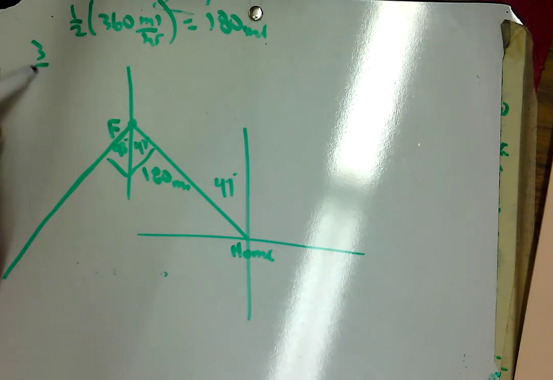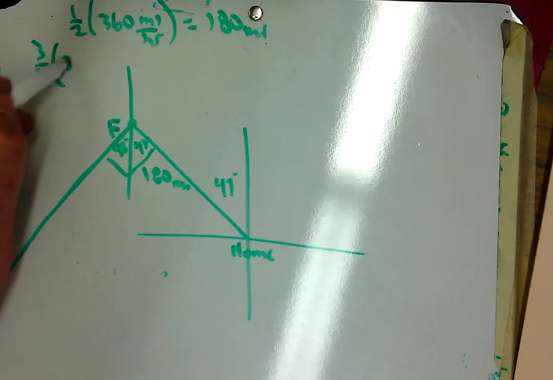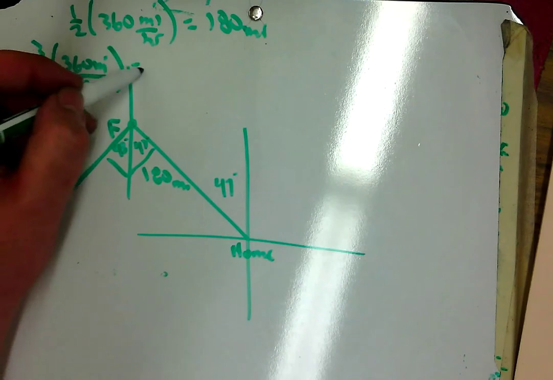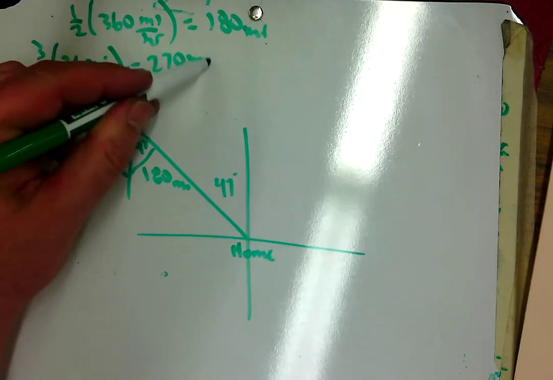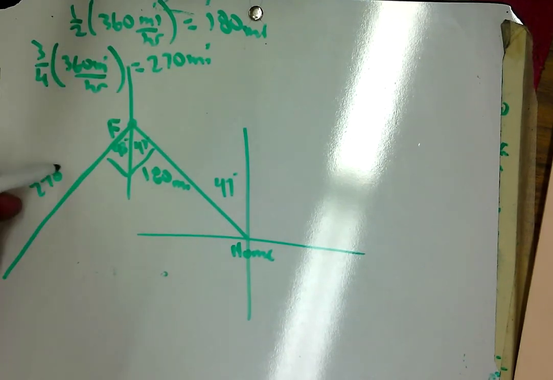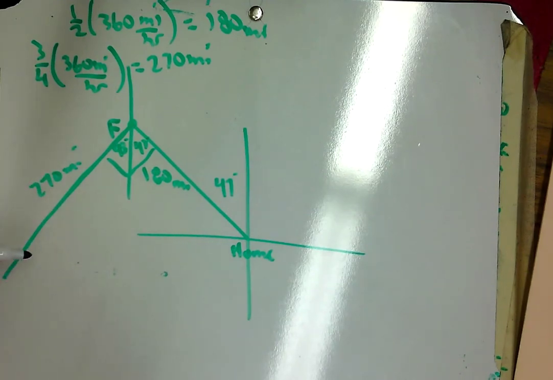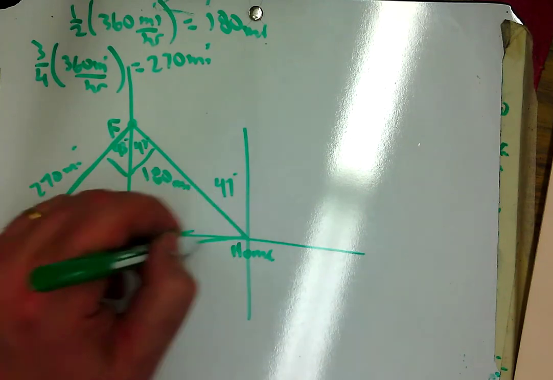So that's 3/4 of an hour times 360 miles per hour, and we end up with 270 miles. Okay, find the distance from the second cactus back to his house.